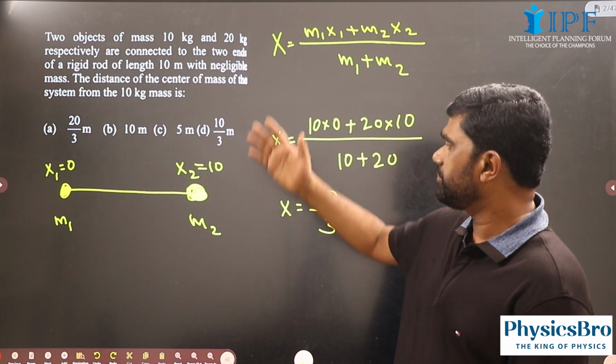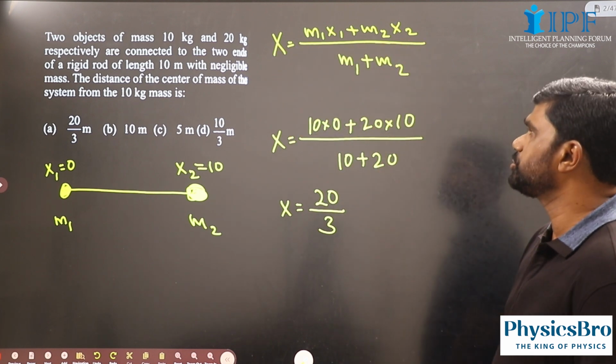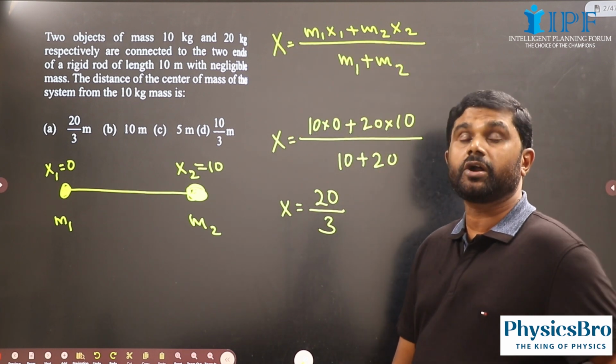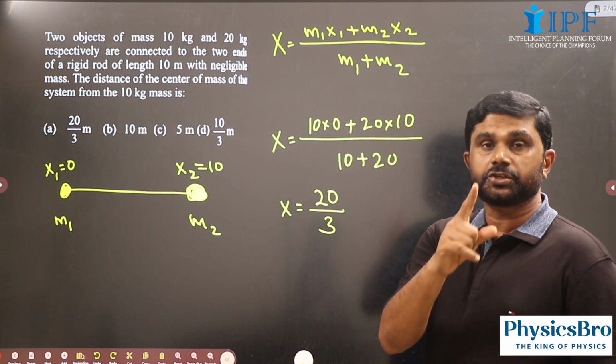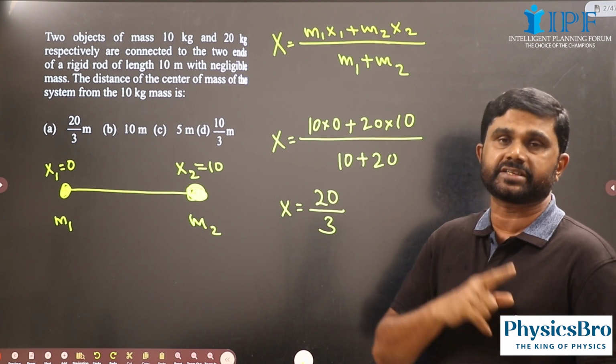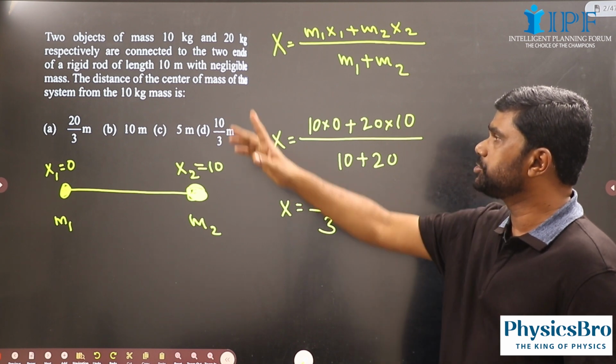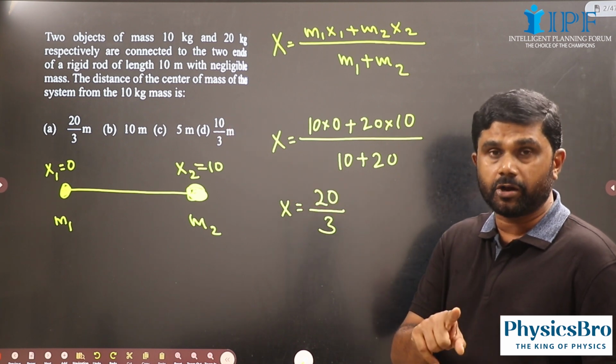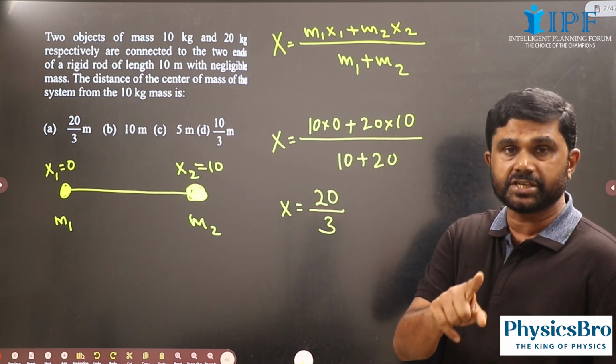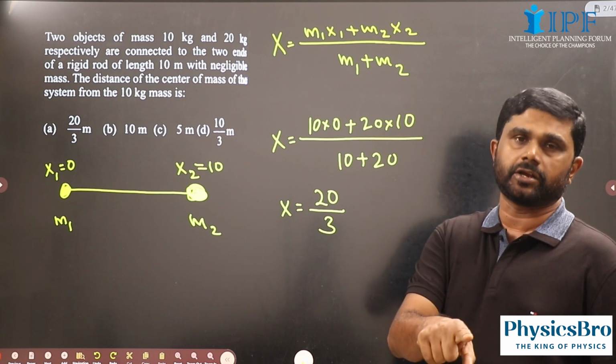Now we have this formula for the x-coordinate of the center of mass, if the two objects are on the x-axis. We have chosen the position of the 10 kg as the origin because we have to find the distance of the center of mass from the 10 kg.